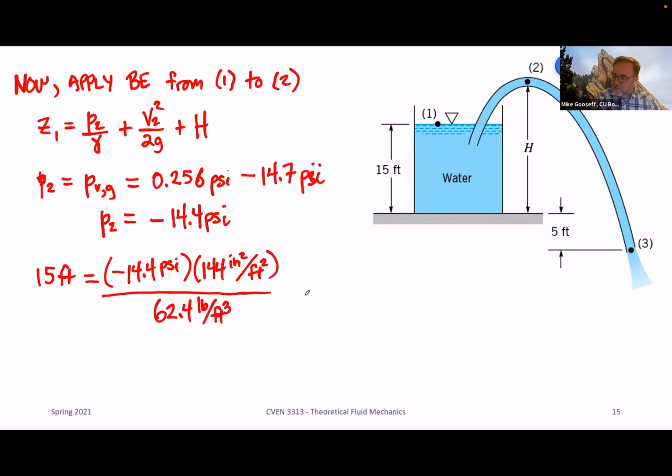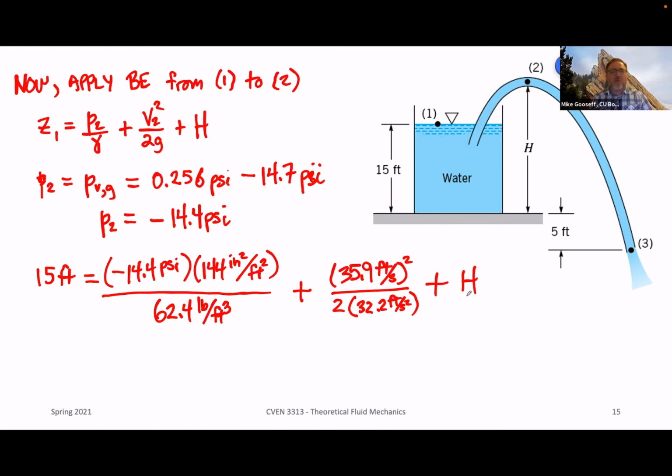And then we add 35.9 feet per second quantity squared divided by 2 times 32.2 feet per second squared. And then we add H. Okay?